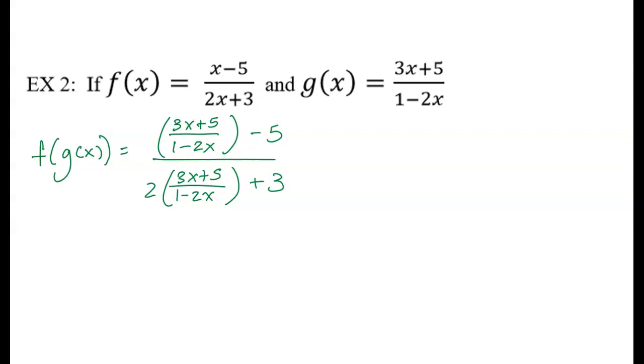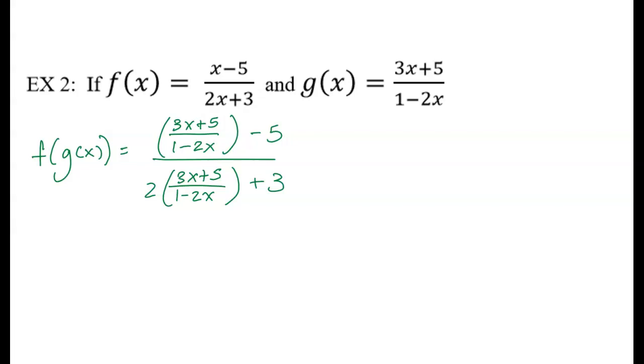So again, what makes this problem hard is not the composition, but the simplification. Just like we had to last class, it's a very similar process. In order for this to be simplified, what do I need to do? Yes. Our first goal is to get a common fraction in both the numerator and the denominator.